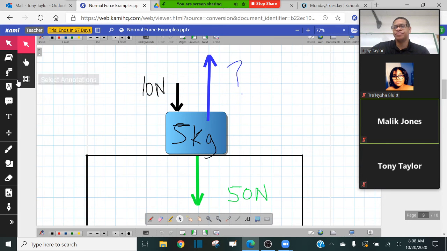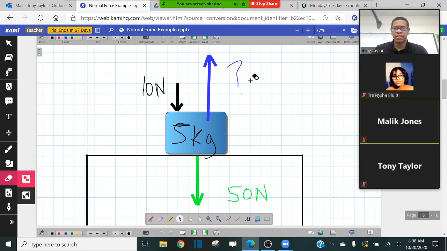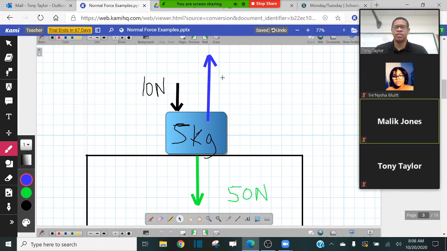So in other words, if you combine the two down forces, it's 10 newtons plus 50 newtons, which is equal to 60 newtons. So that means, guys, what that tells us is that this normal force here must have a magnitude of 60 newtons.